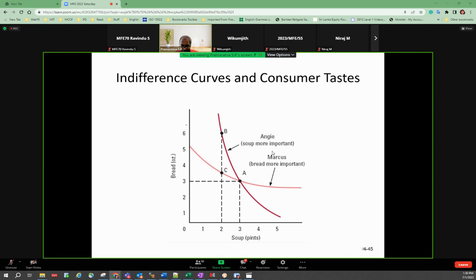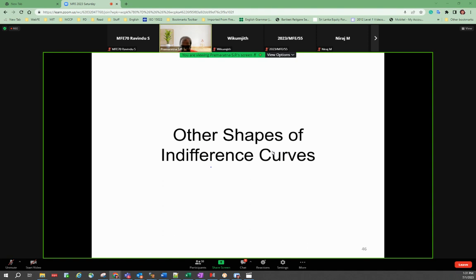It depends on their preferences. For example, they are Angie and Mark. Look at the indifference curve that is steeper, which means soup is more important than bread. The other person, the other way around, gives more preference to bread. Okay, different shapes of indifference curve.